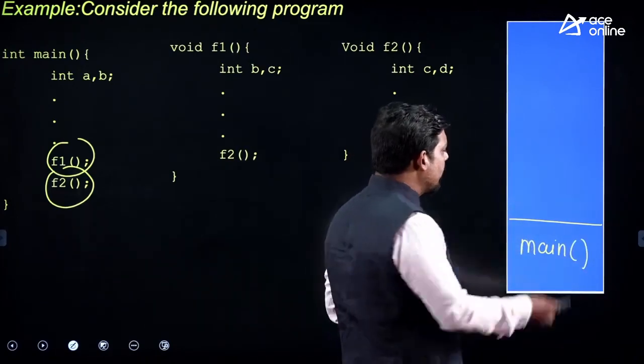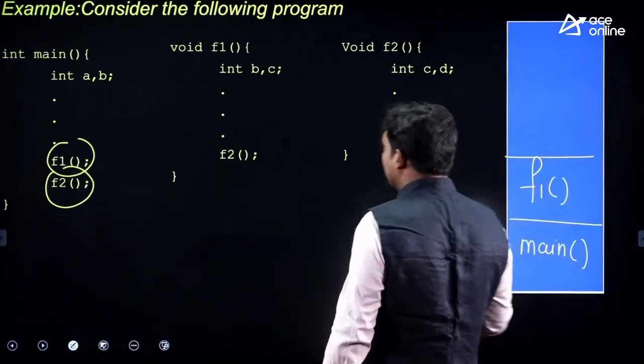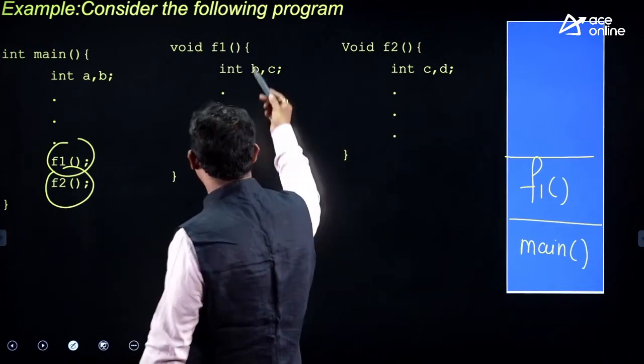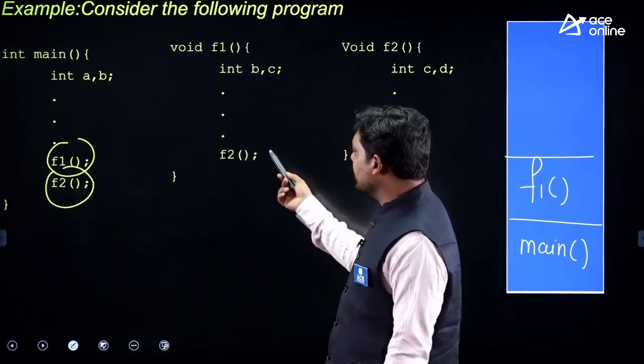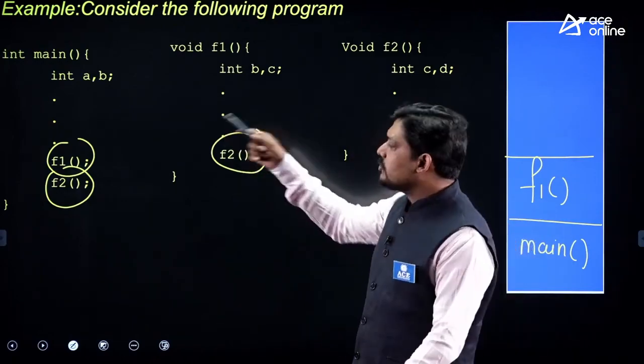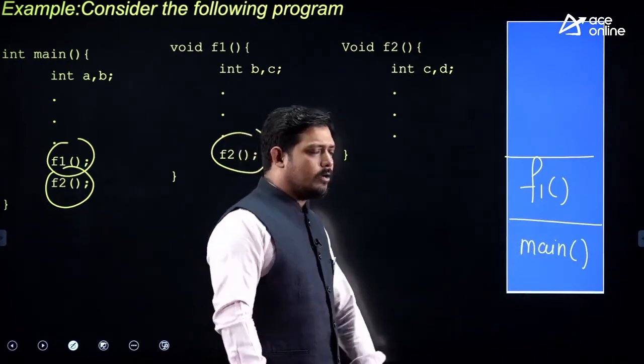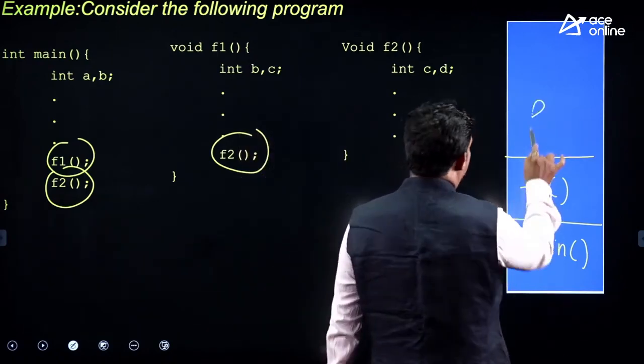Then it starts doing f1. In f1, you are doing some task and suddenly f2 comes and says, execute me first. Main is calling f1, f1 is calling f2. Again you save the content of f1 and start executing f2.